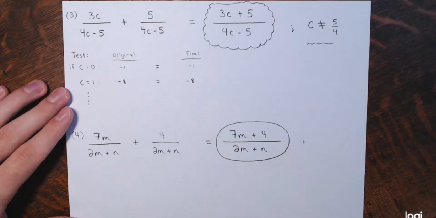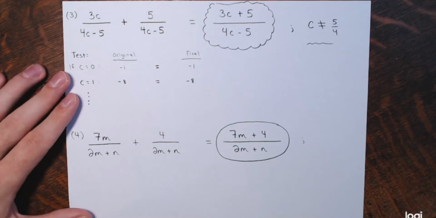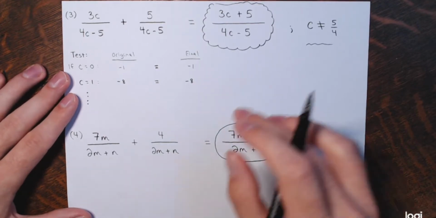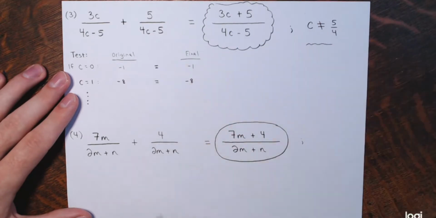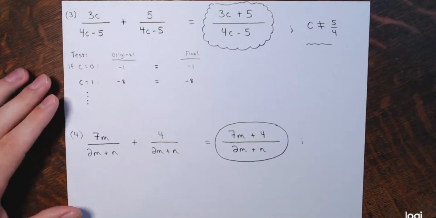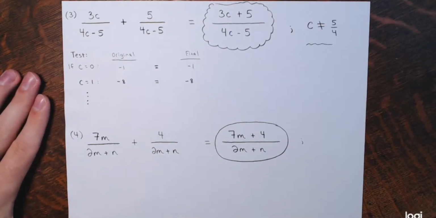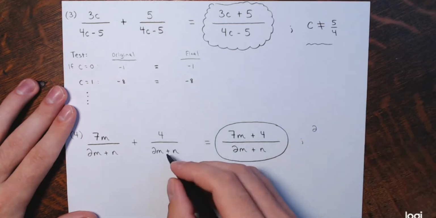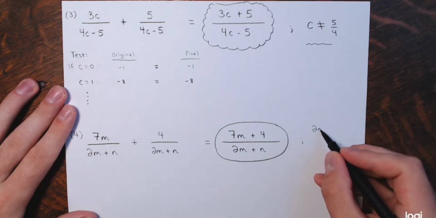All right, then off to the side here, I'm going to write out some conditions on the variables. Right, like in example 3, c couldn't be 5/4 because it'll make me divide by 0. All right, I'm looking for what makes a denominator 0. Well, the only denominator showing up throughout this problem is 2m plus n.